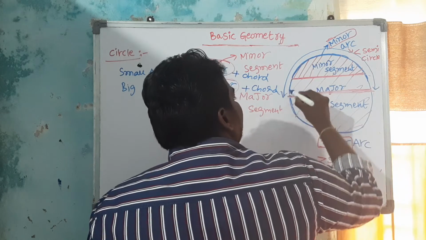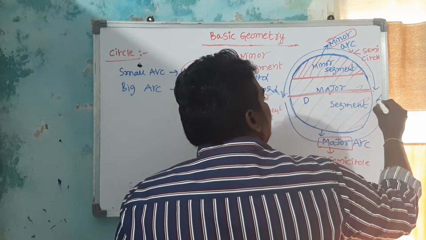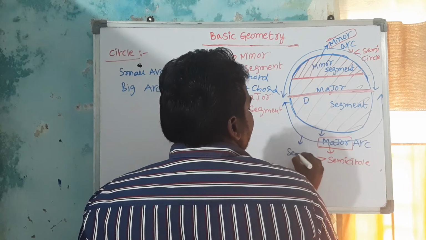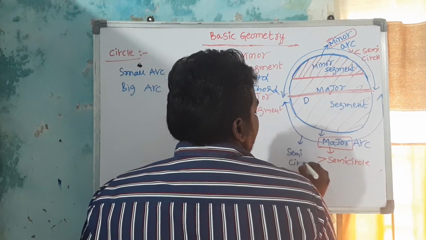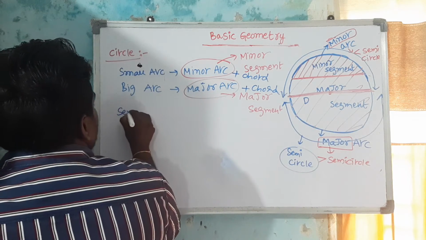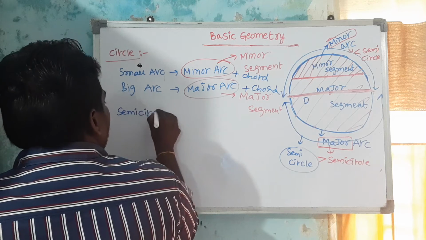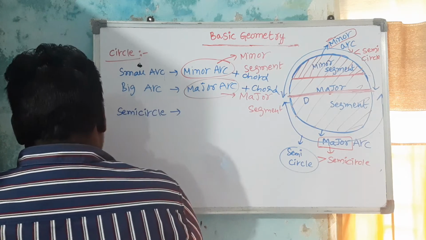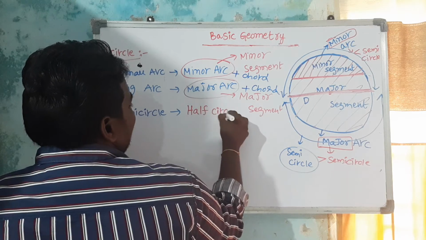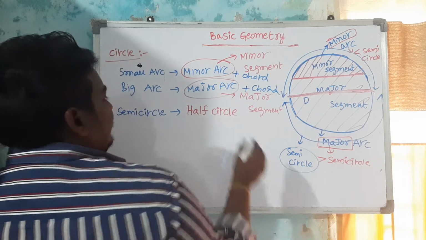This diameter divides the circle into two same parts. Those are called semicircles. A semicircle is nothing but a half circle.